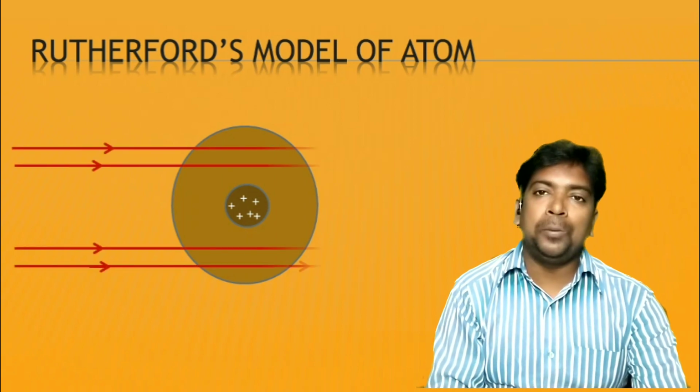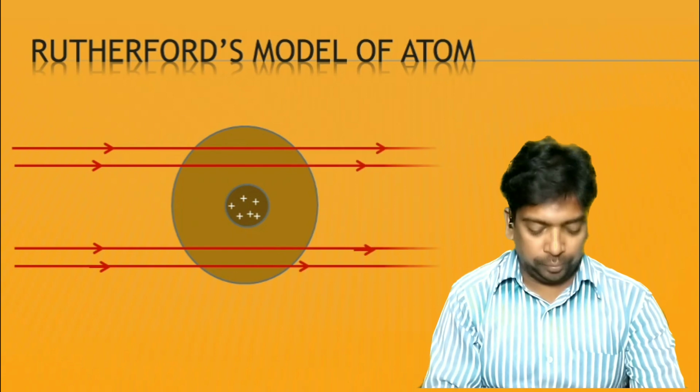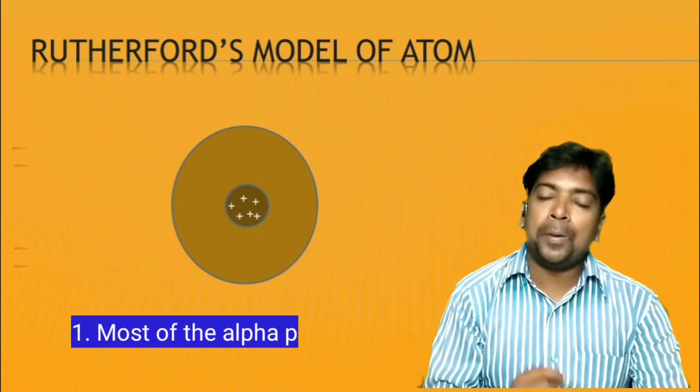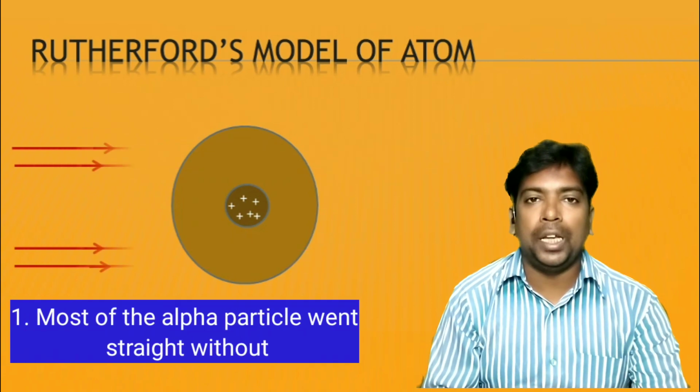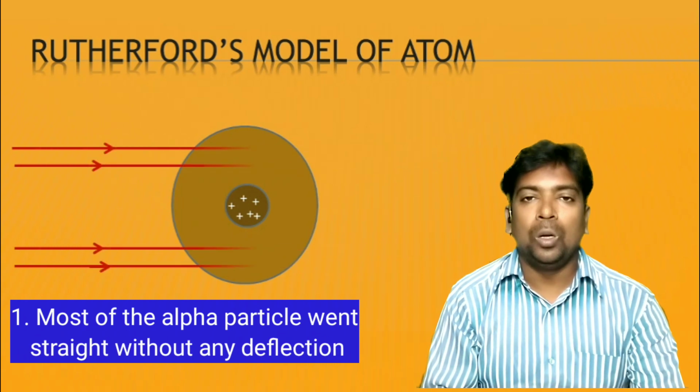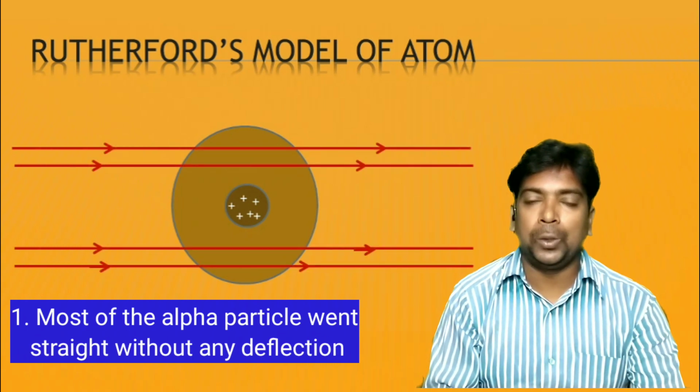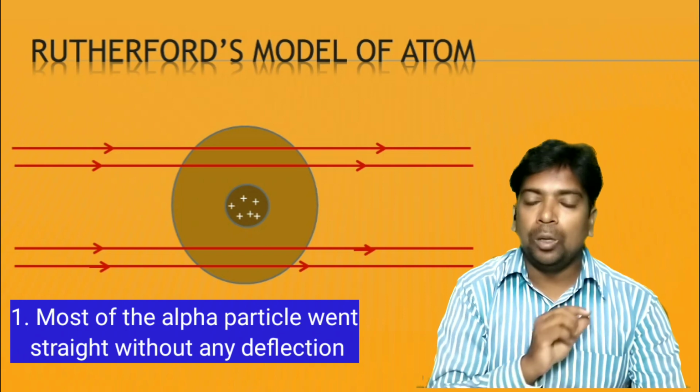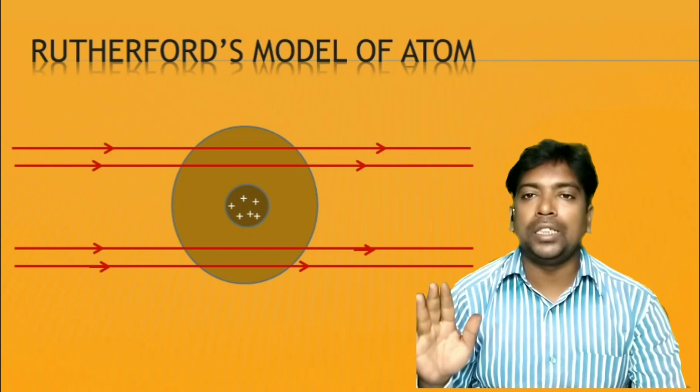And what are these observations? Observation number 1: most of the alpha particles went straight without any deflection. You can see here on the screen, most of them went straight.